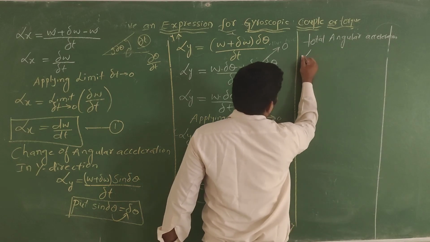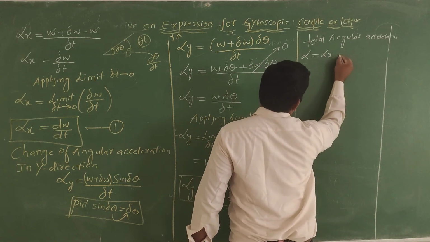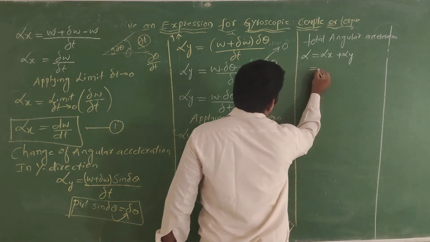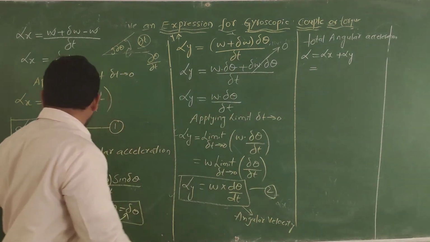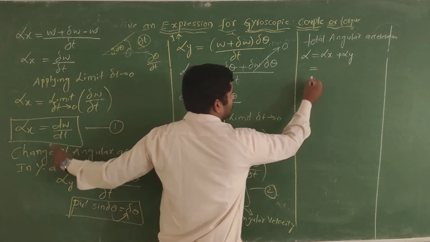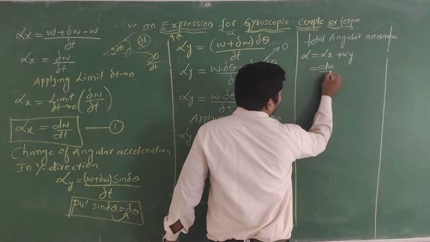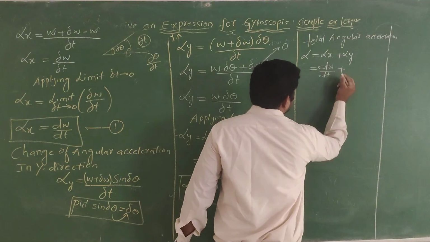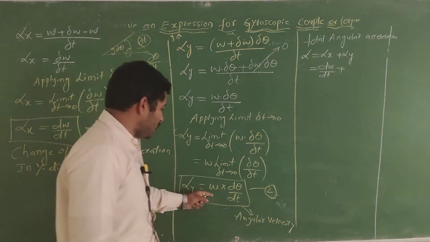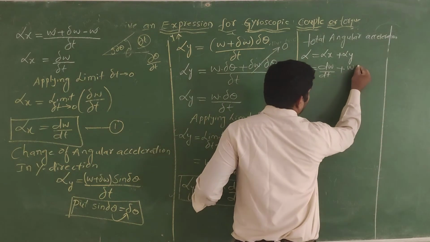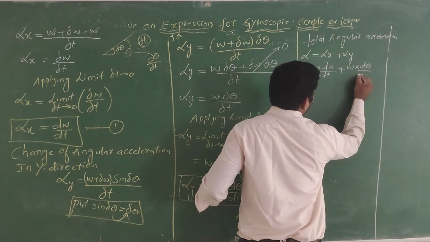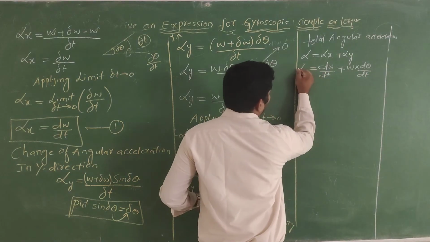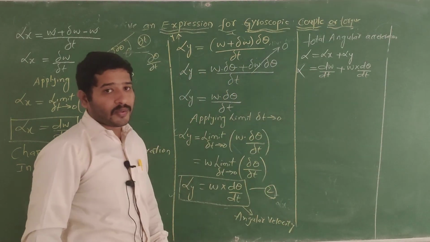Alpha is equal to alpha x plus alpha y. Alpha x value is d omega by dt, plus alpha y value is omega into d theta by dt. That is the value of the total angular acceleration.